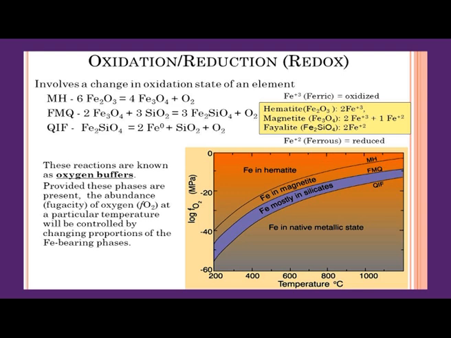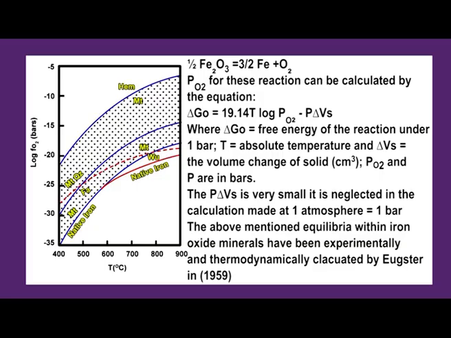These react with the following reactions: 6 Fe2O3 gives rise to 4 Fe3O4 plus O2, that is hematite gives rise to magnetite plus oxygen. 2 Fe3O4 gives rise to 6 FeO plus O2, that is magnetite gives rise to wustite plus oxygen. 2 FeO gives rise to 2 Fe plus O2, that is iron oxide gives rise to iron plus oxygen. 1.5 Fe2O3 gives rise to 3.5 FeO plus O2.